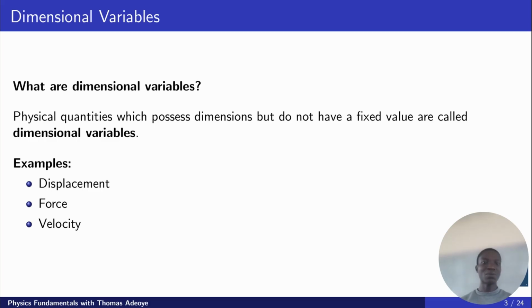Okay, and examples of them, we have displacement, there is force and there is velocity. Displacement is a specified direction between two points, or we can say a straight line distance between two points or two positions.